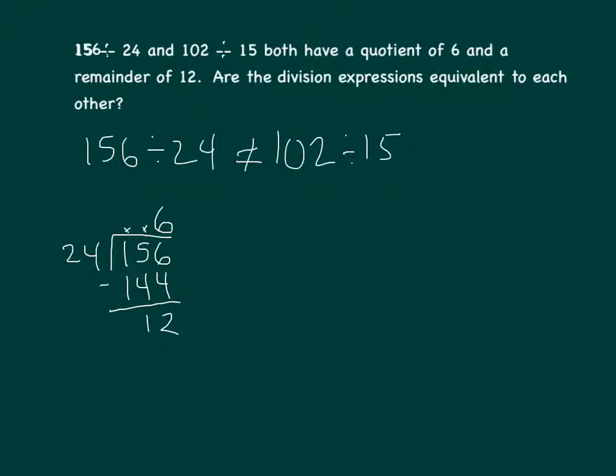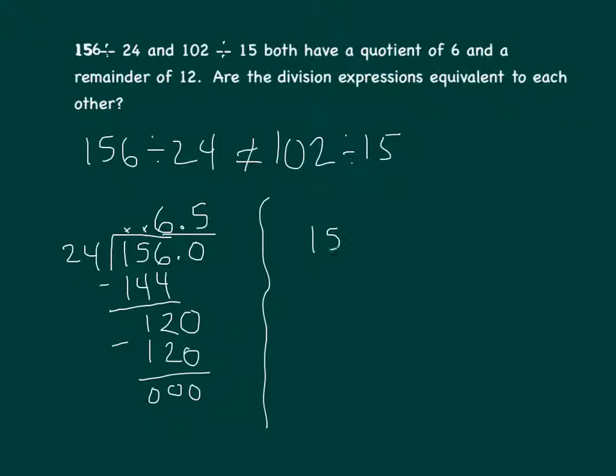I can't get any groups of 24 out of 12 ones, but I can change that to 120 tenths. 24 does go into that 5 times, and I get 120 with nothing left over, so I get an exact answer of 6 and 5 tenths.